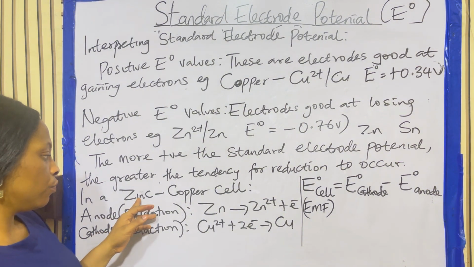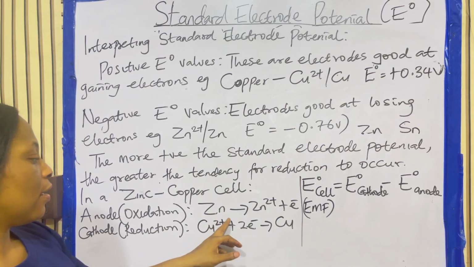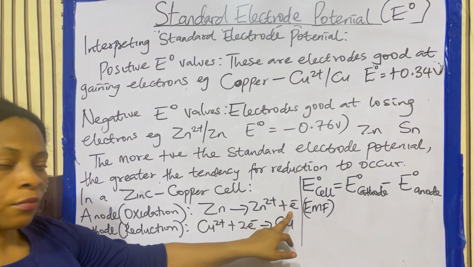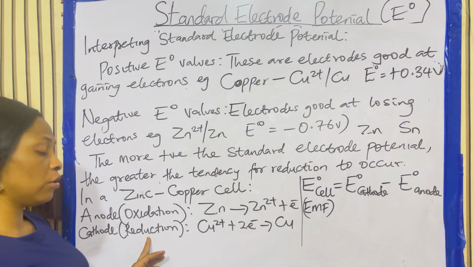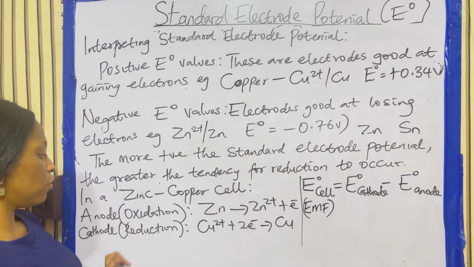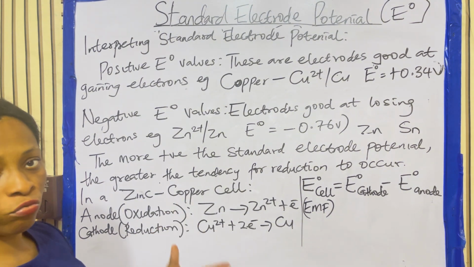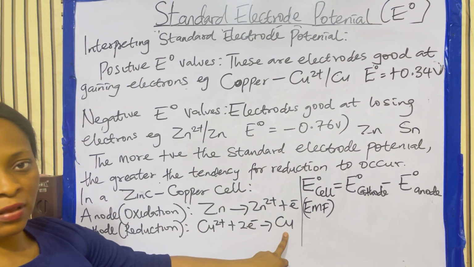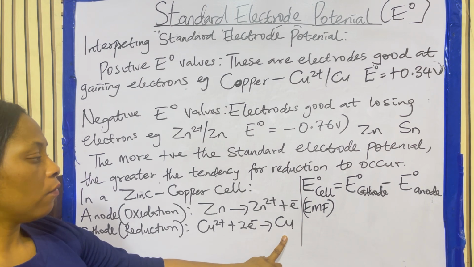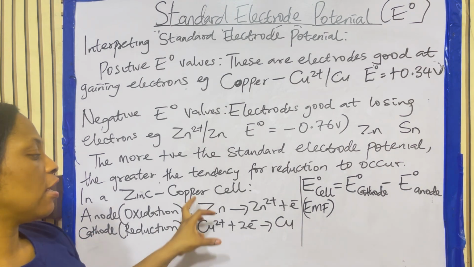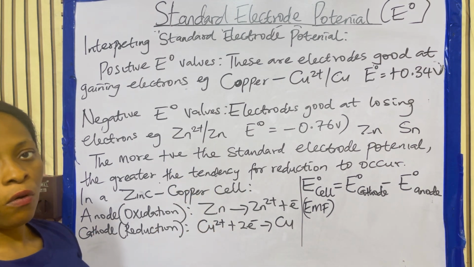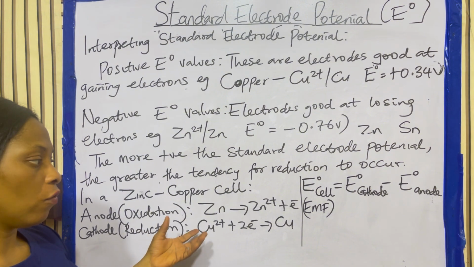At the anode, zinc will lose electrons. Then at the cathode, cathodic reduction, anodic oxidation, copper will gain electrons to be deposited as copper.